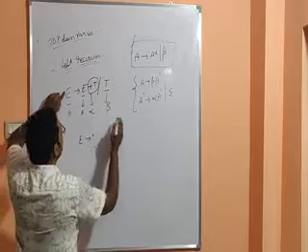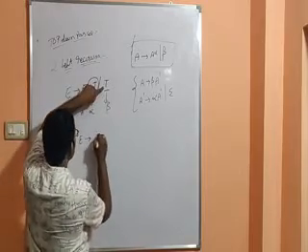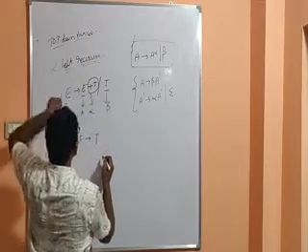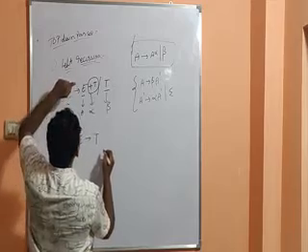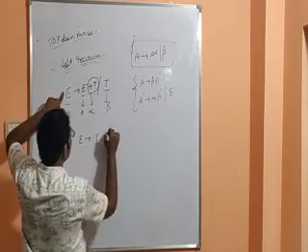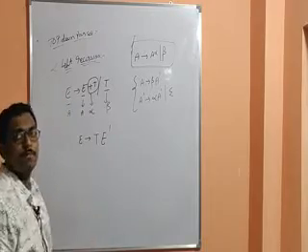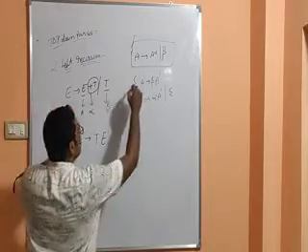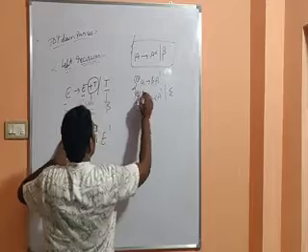In the place of beta what variable do I have? T. A inverse: in the place of A what variable do I have? E, so I will write E inverse. So this is the first step. This is the first one I converted.